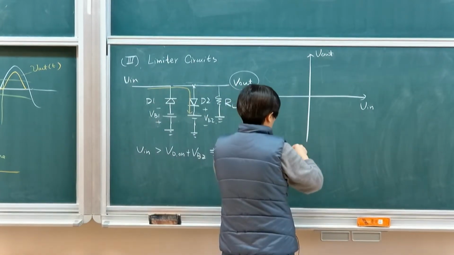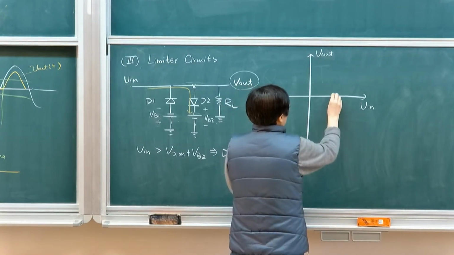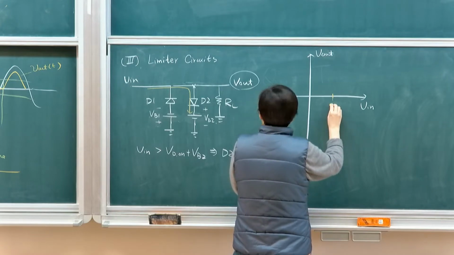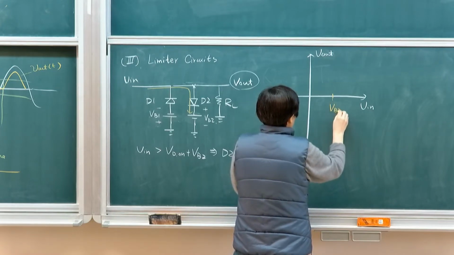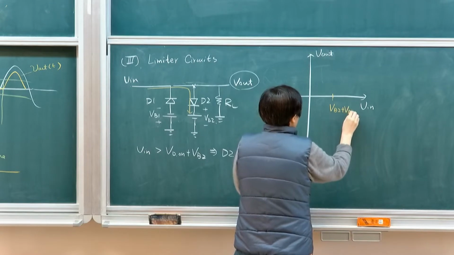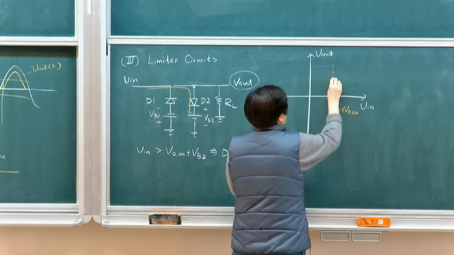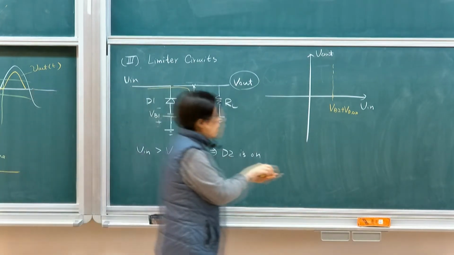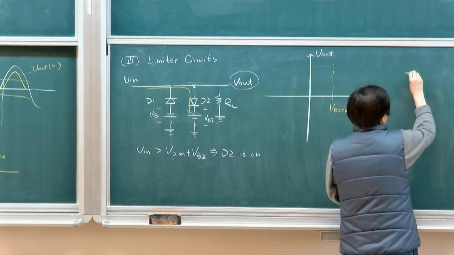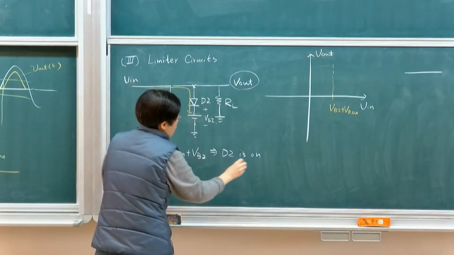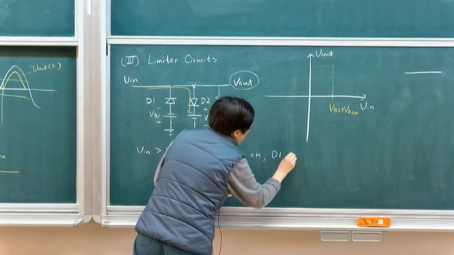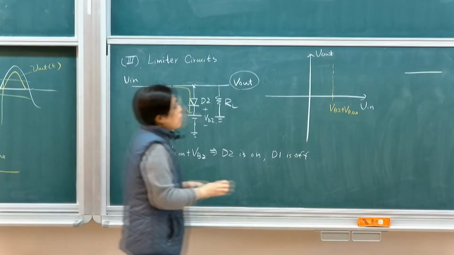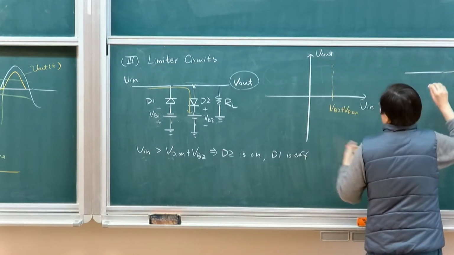When it passes, let's say, if this is VB2 plus VD on, it would then remain at this particular level. Let me draw the circuit. So now we know that D1 is off. So if I'm using my model, it will look something like this.